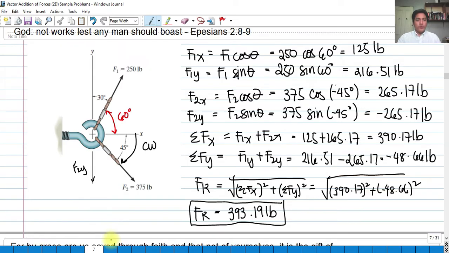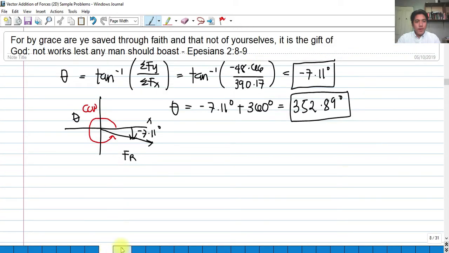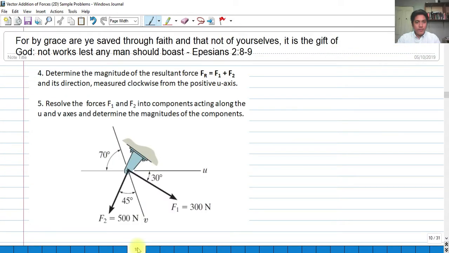So let's continue for problem number 4 and 5. Determine the magnitude of the resultant force F sub R in this given figure and its direction measured clockwise from the positive U axis.